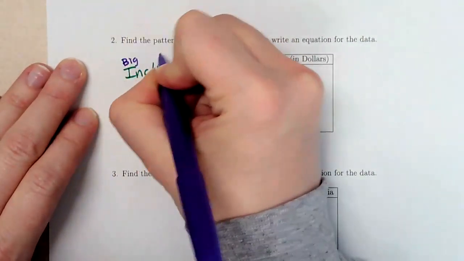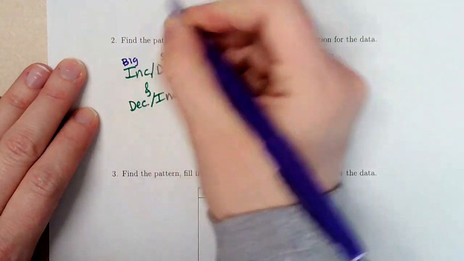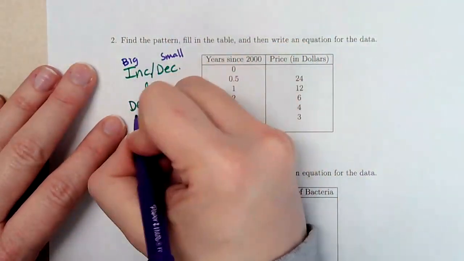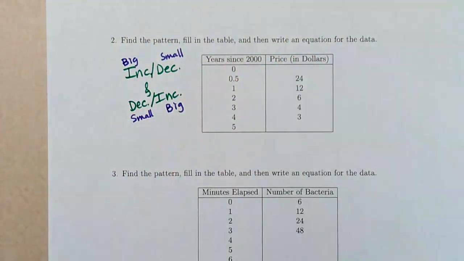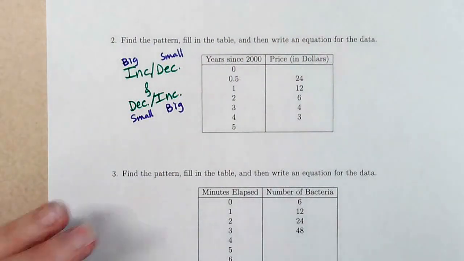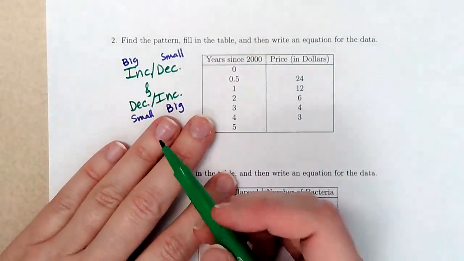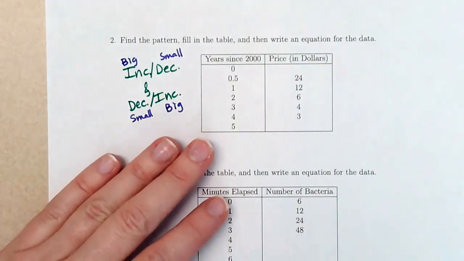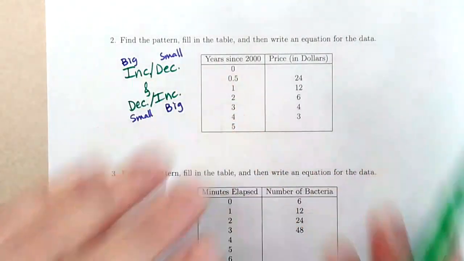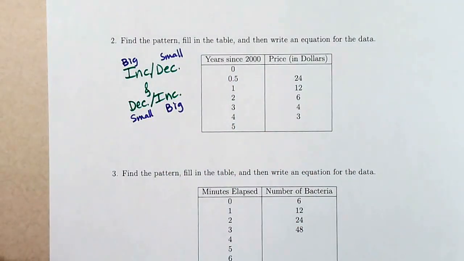When one is big, the other is small. And when one is small, the other is big, is what they mean. So reinterpret it. I like it more like when one is big, the other is small. When one is small, the other is big. And that's why it's called inverse. Swappy-doo.